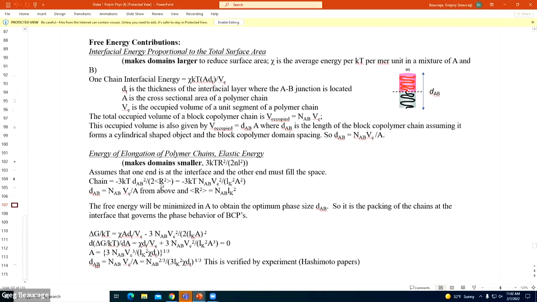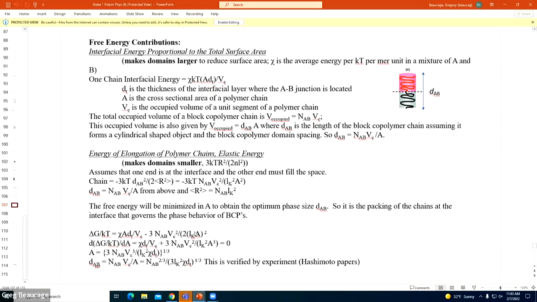So that's R squared, and this is N L squared. Then you substitute in, because the occupied volume is the number of units times the volume of a unit, and the occupied volume is also D_AB times that area. You equate those two and say D_AB is this function, and plug that in at the end down here.